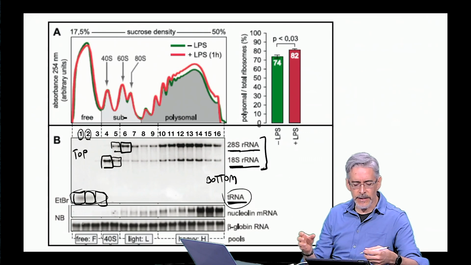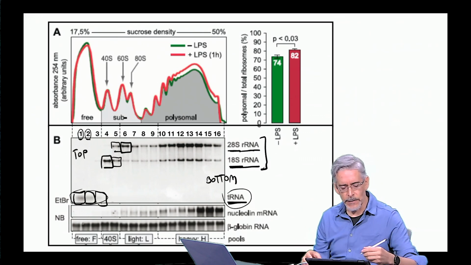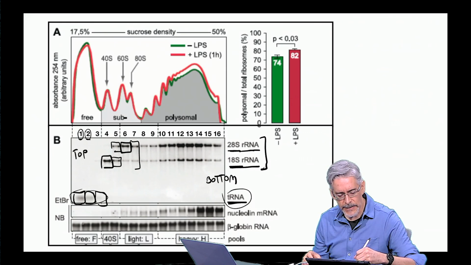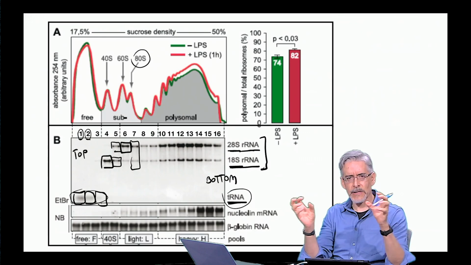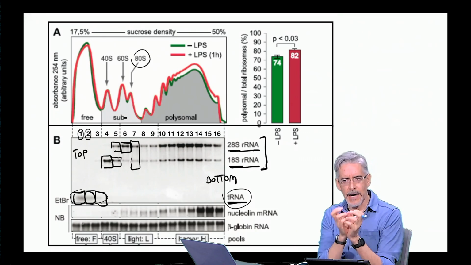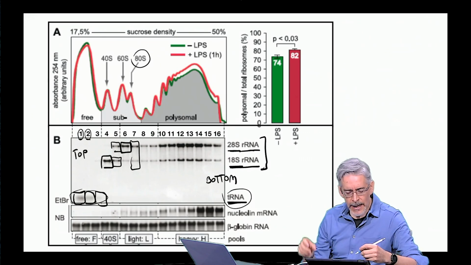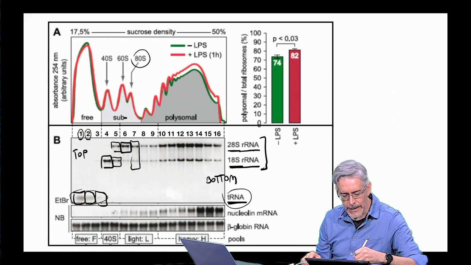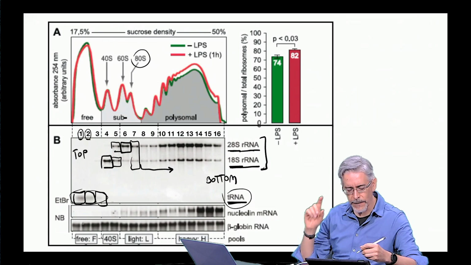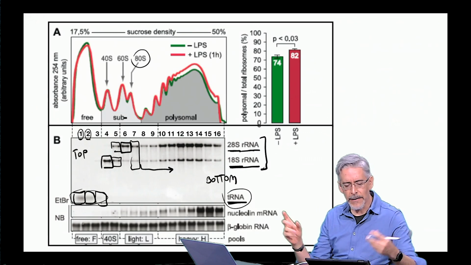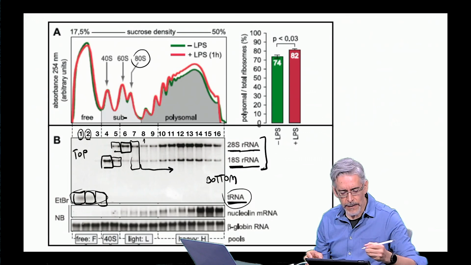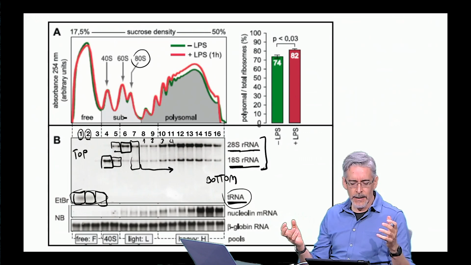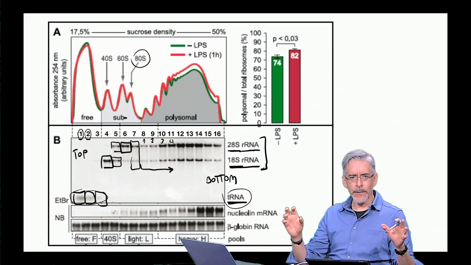Fraction 6 contains a lot of the large ribosomal subunits, and then fraction 7 contains the 80S, meaning large and small ribosomal subunits that are joined together forming the 80S ribosomes. And starting from that point, the next ribosomes that you have going further down into the gradient are ribosomes that are associated to messenger RNAs. This is 1 ribosome per messenger RNA, 2, 3, 4, and so forth. So this is the profile that you will get in these kind of gradients.